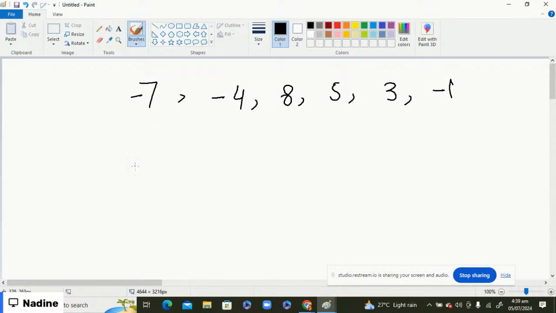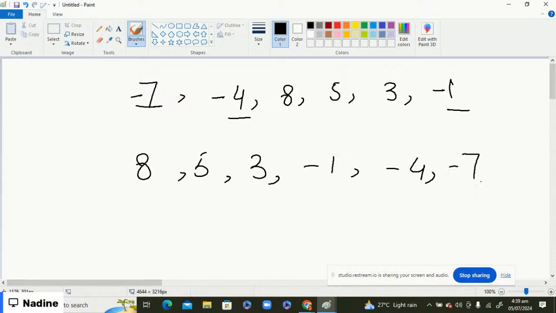So the 8, which is greatest, we put here. After 8 it's 5, then 3. Now what's next? 3, 7, minus 4, and minus 1 is left, so it becomes minus 1, then minus 4, then minus 7. This is the way to write all these one by one: 8, 5, 3, minus 1, minus 4 and minus 7.